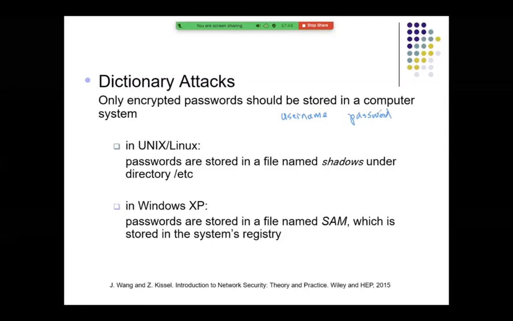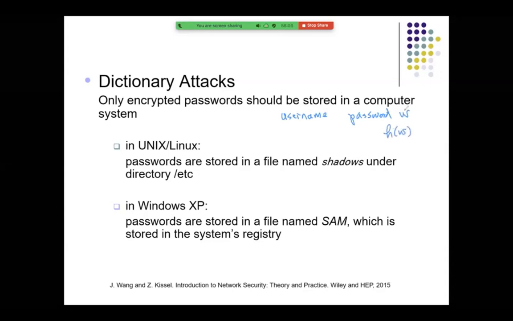So that password to the user is in plain text, but that plain text password is not stored on any computer system. Instead, let's say this is W. Instead, it applies a hash function.